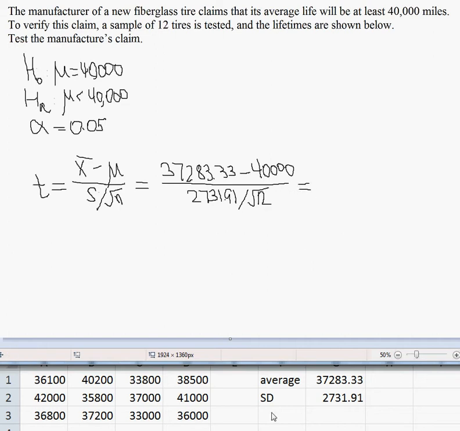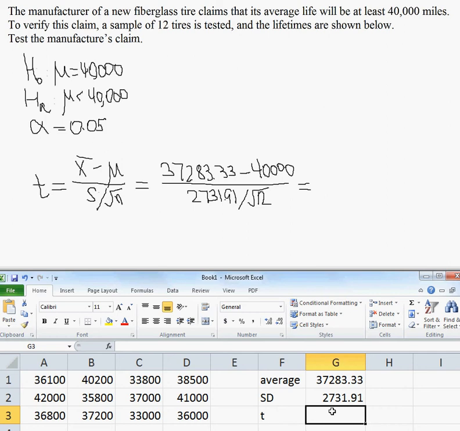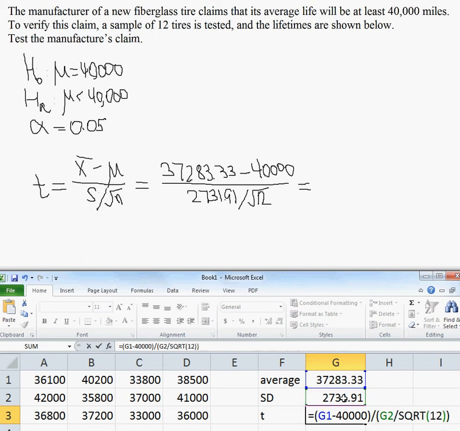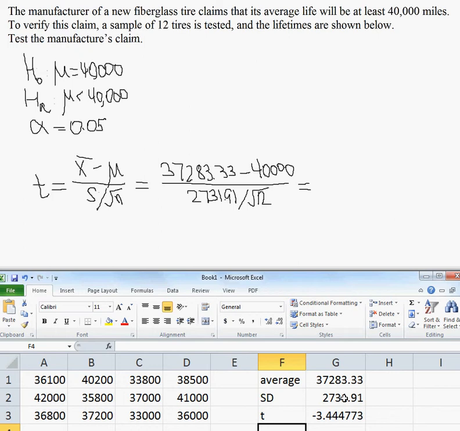Okay, so let's do the computation down here. T is equal to, in this case, this number minus 40,000 divided by this number over the square root of 12. So negative 3.44447.